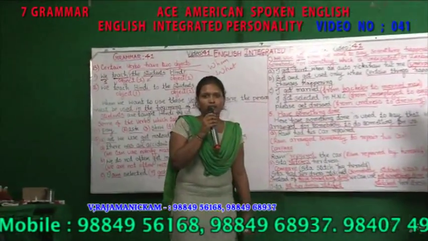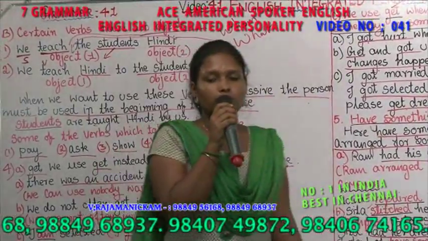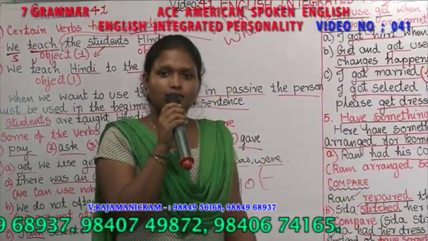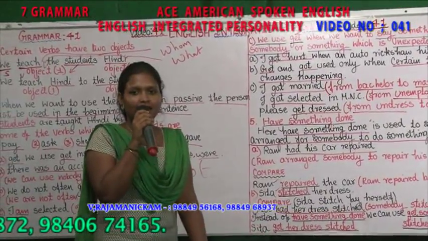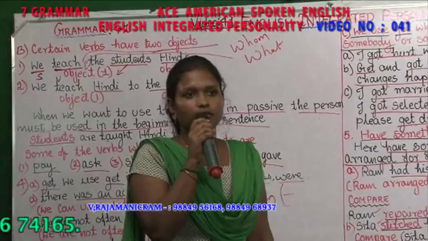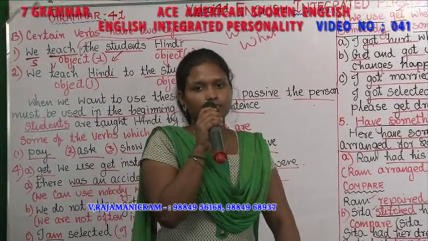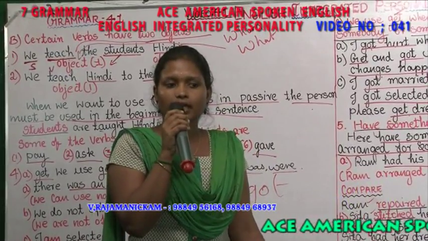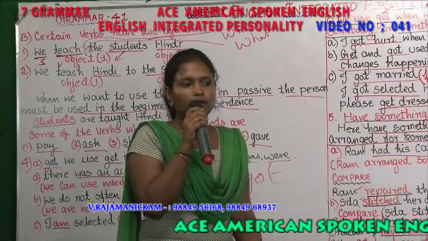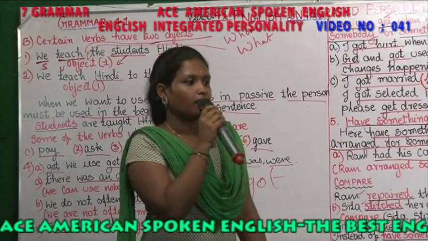I am Logeshwari. Now we are going to talk about the verb which contains two objects. In sentences, usually in active voice, the order is subject, verb, and the object. It can be converted into passive form, where it will be object, verb, and the subject.